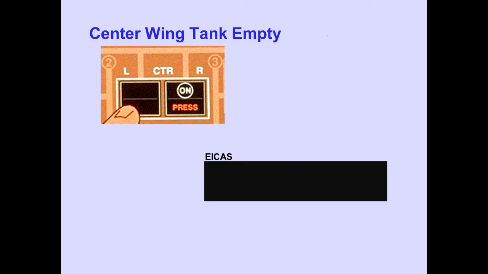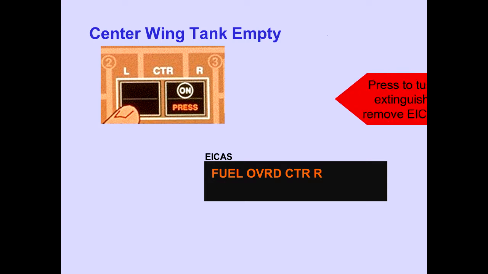The ICASS advisory message, Fuel Override Center, is displayed when the center wing tank is empty. Pushing the center wing tank pumps off removes the ICASS message.